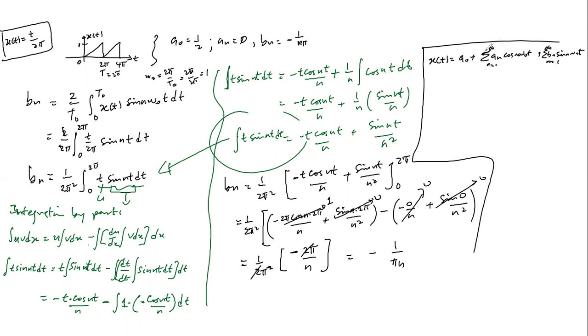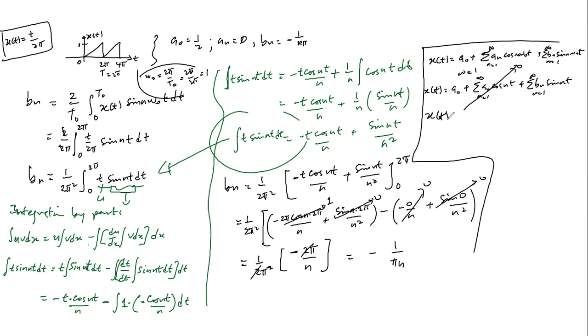Since omega is equal to 1, as we already established here, s of t is equal to a0 plus summation an cos nt plus summation bn sine nt, n from 1 to infinity. You know, an is 0, so this reduces to 0.